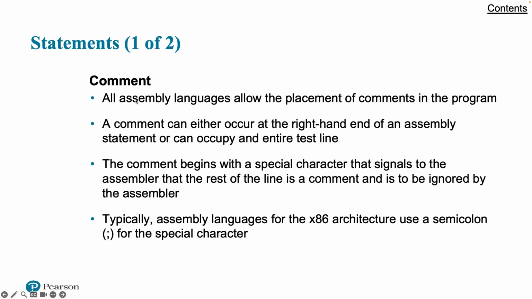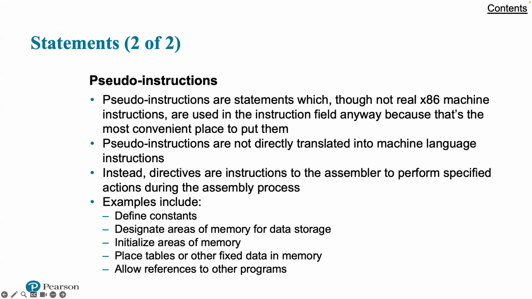So I already mentioned the comments, and it is something that can be really useful, probably the most useful, because it can be more challenging to offer some level of commenting just through your naming conventions. It's not going to be as prevalent for assembly language.